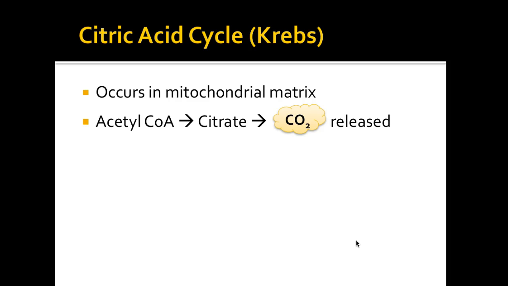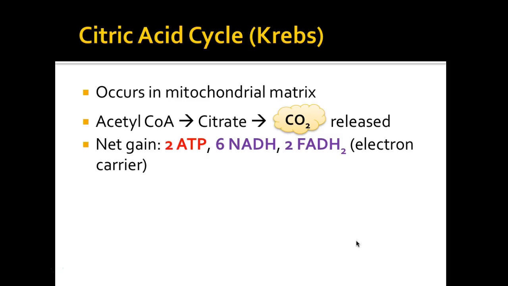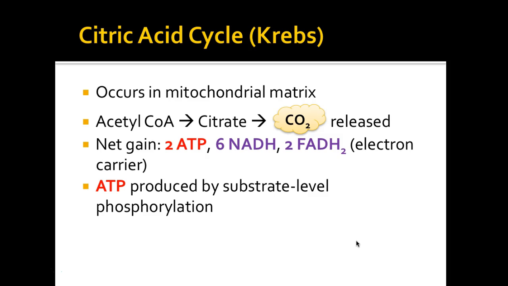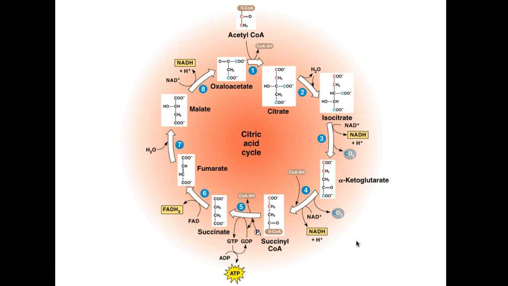The acetyl CoA is going to form citrate, carbon dioxide gas is going to be released. You're going to have a net gain of 2 ATP, 6 NADH molecules, and 2 FADH2 electron carrier molecules. ATP is going to be produced by substrate level phosphorylation.